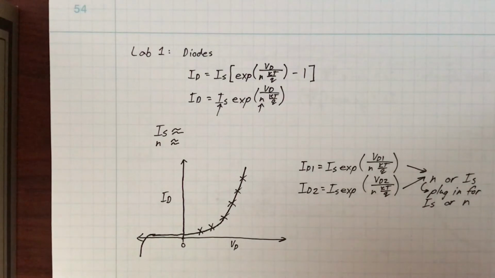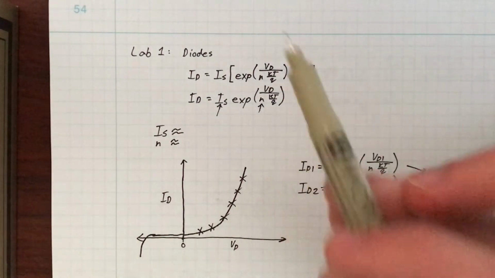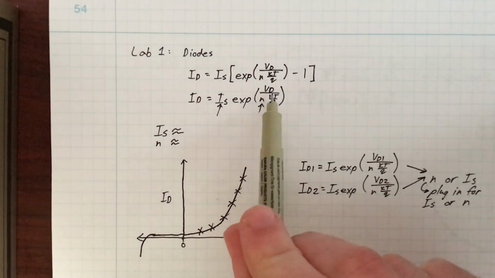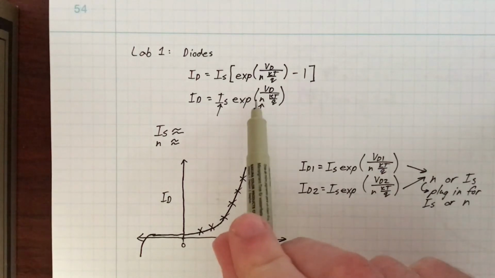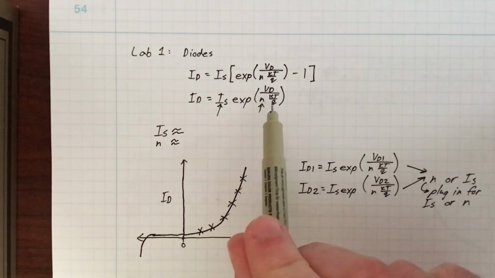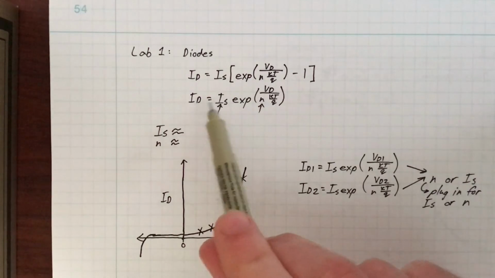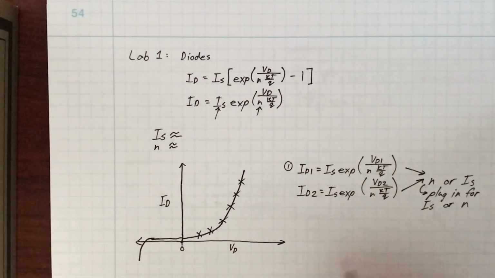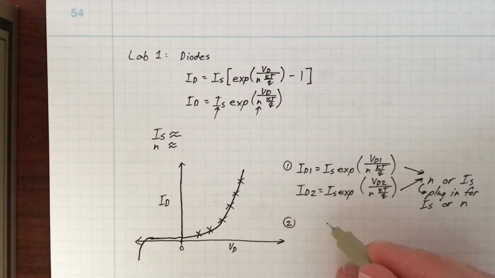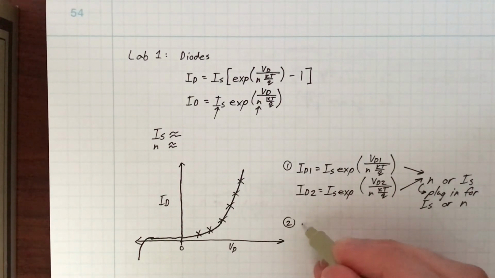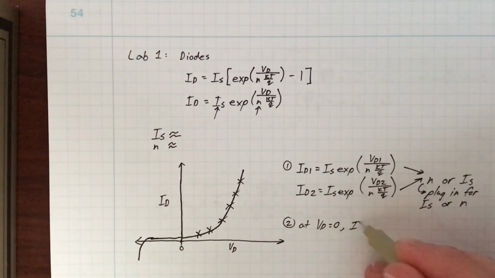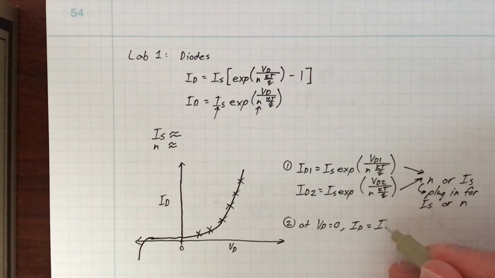Another method we could do, which also might not be very accurate, is if we look at this equation here, when VD equals 0, exponential of 0 is just 1. So ID equals the IS when VD equals 0. So I'll write that down as the second method. At VD equal to 0, ID equals IS.